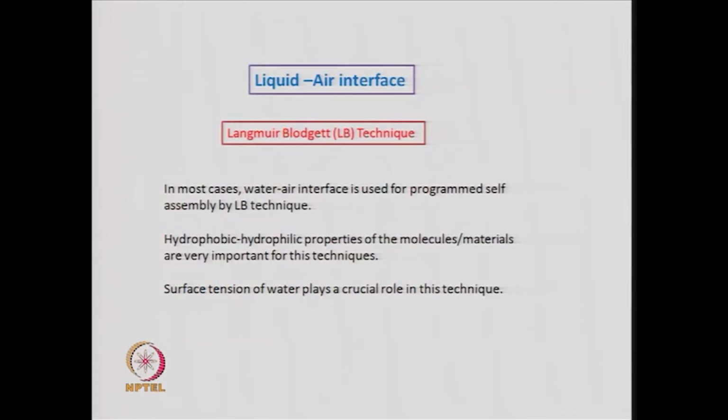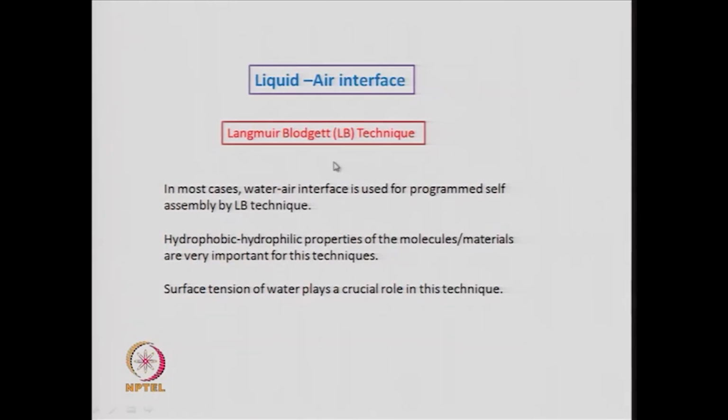So, first let us discuss the liquid air interface. By the name you can understand that you have a liquid on top of which you have air. There is contact between molecules of air and the molecules of the liquid. Now, at that interface, how do we make assembled nanostructures?